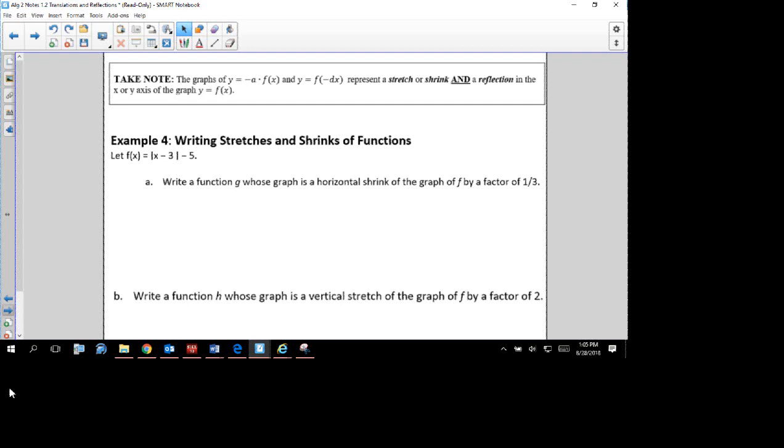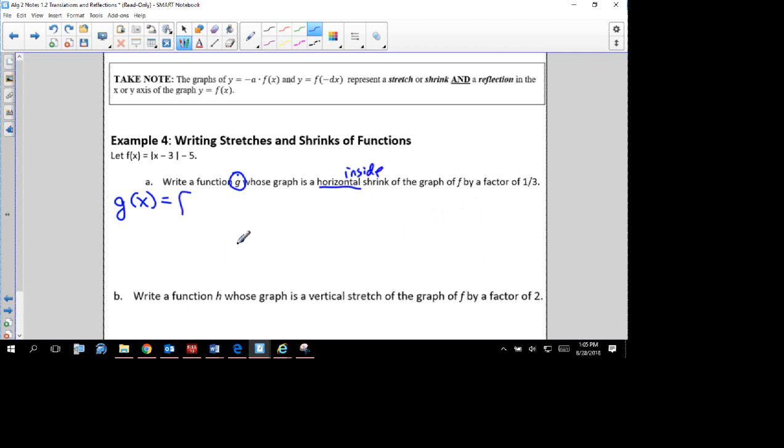So what's the name of my equation? G. See, there's the G, g of x. It will tell you what name to use. Whose graph is a horizontal shrink of the graph of f by a factor of 1/3. So if it is a horizontal, that means on the inside.